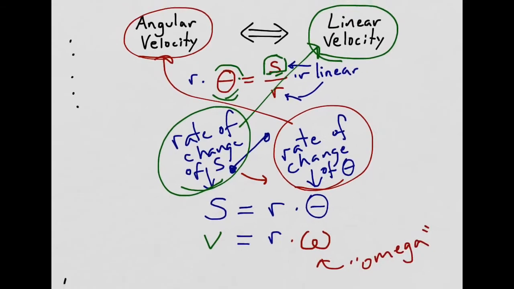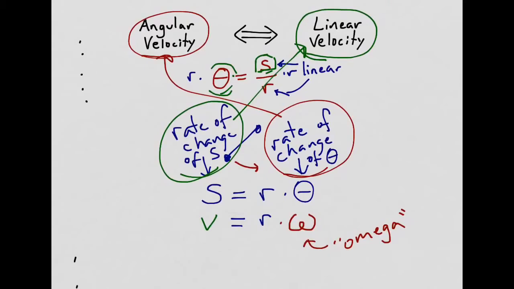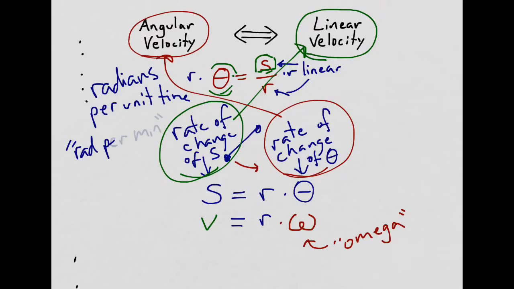An important thing to keep in mind is how we measure these things. Angular velocity, the value of omega, is measured in radians per unit time. Typically that will be in maybe radians per minute or radians per hour, or we could think of it in terms of revolutions per minute or revolutions per hour.